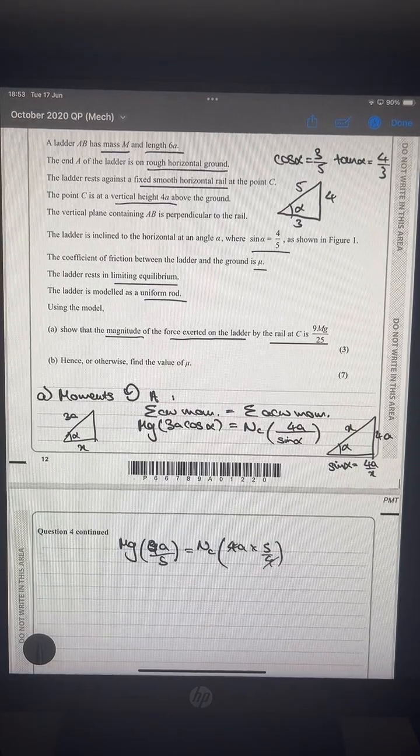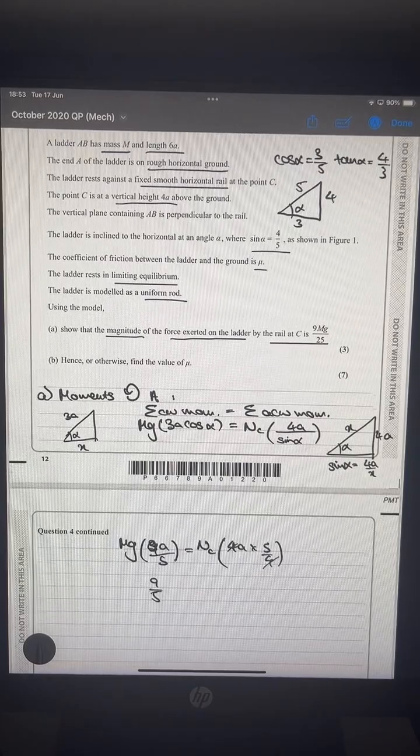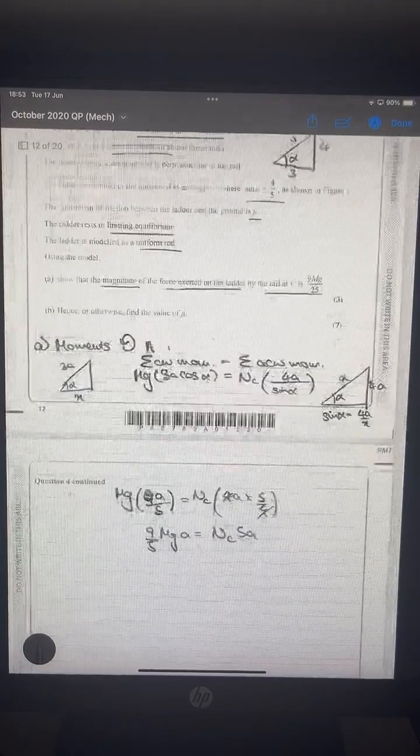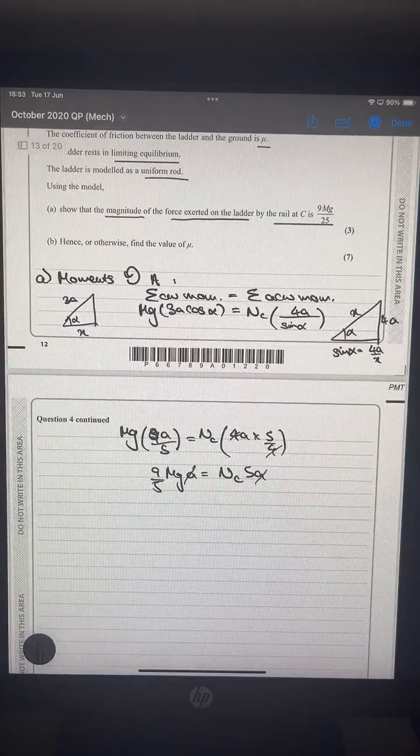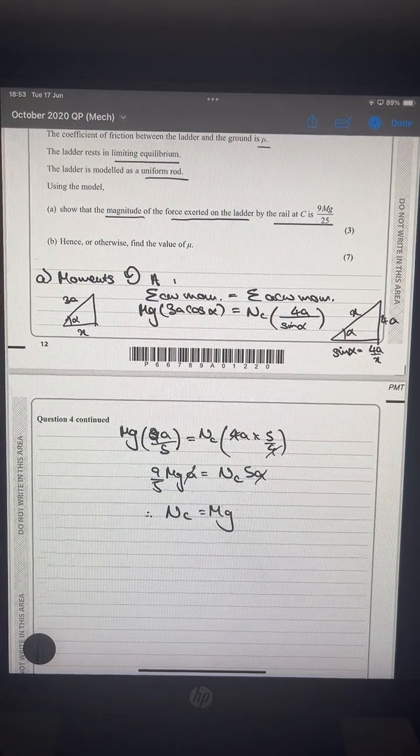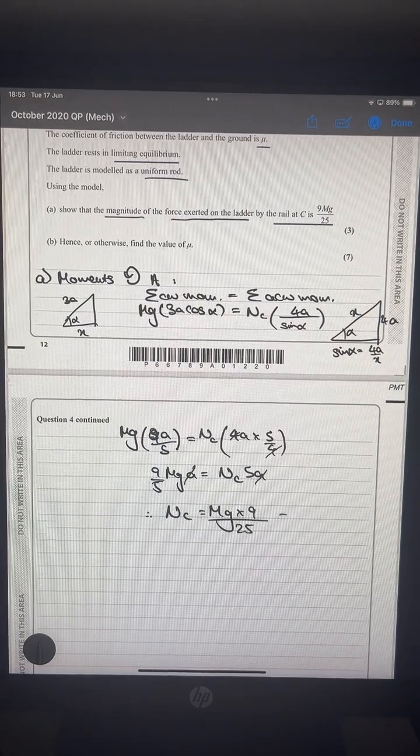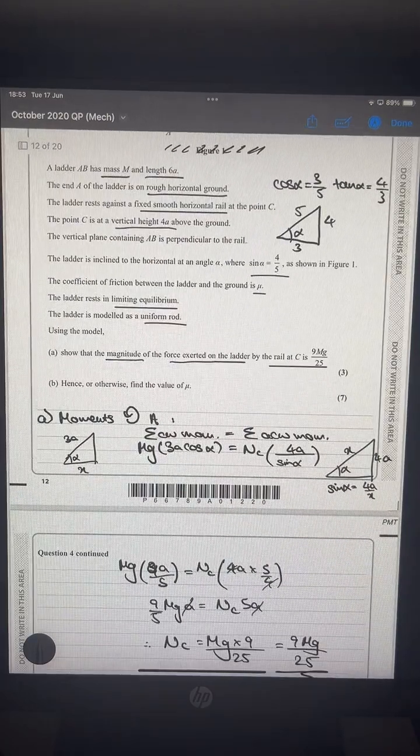The 4's cancel. So then you can just say 9 over 5 mga equals Nc times 5a. The a's cancel. Therefore, Nc is going to be equal to mg times 9 divided by 5 times 5, 25, which is 9mg over 25. That's how you do that question.